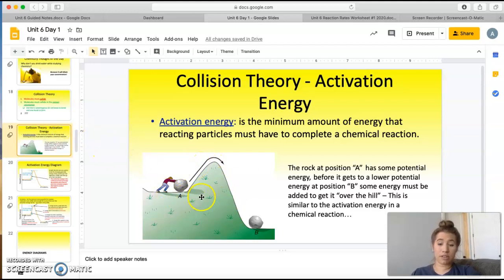An example you'll see a lot is if we have a boulder and we're trying to roll it over a hill, we have to push it with at least enough energy for it to then go down to the other side. So if we just push it with a little bit, then it's going to roll back and stay a reactant. But if we push harder, then we finally get enough energy that it goes over and becomes a product. Okay?